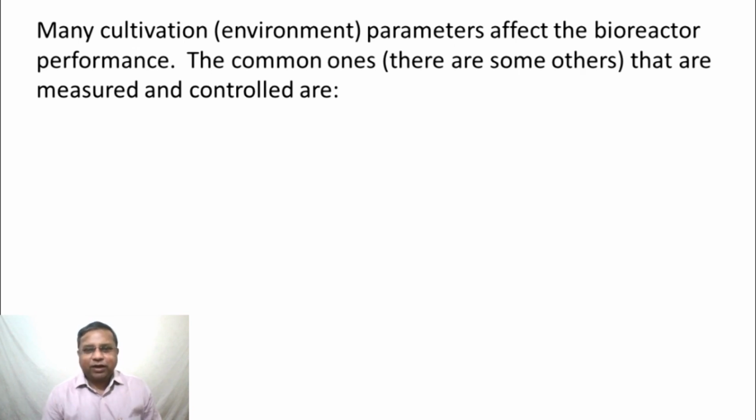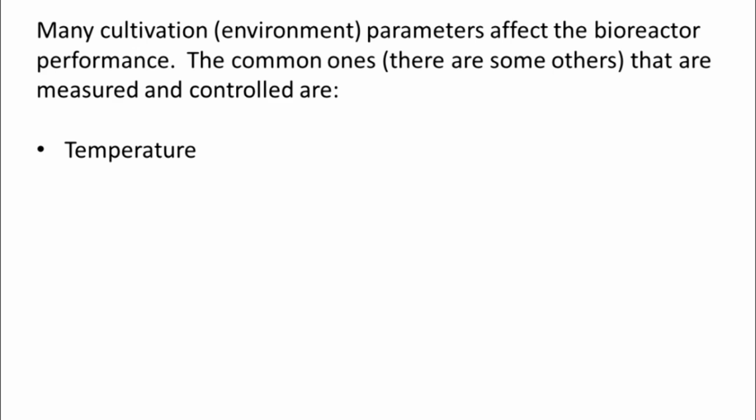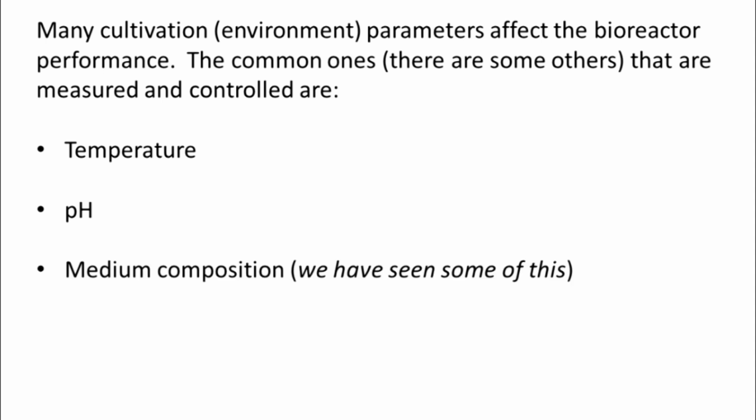There are many cultivation parameters that one can think of. We will look at some common ones now. They are actually measured and controlled, as we mentioned just before. The common ones, the first obvious one is the temperature, pH of the medium, pH outside the cells of the medium, the medium composition, what the medium consists of.